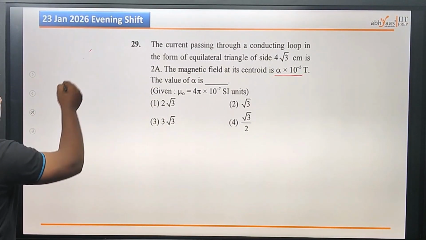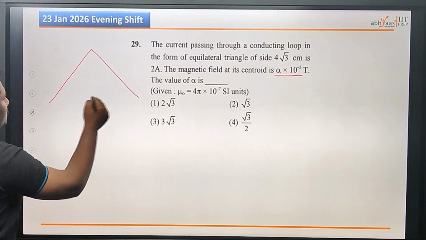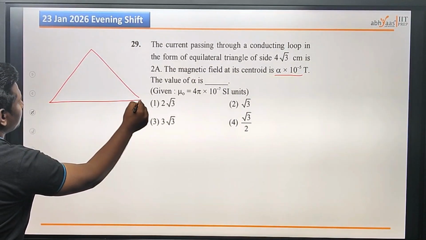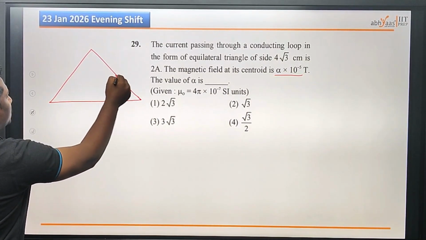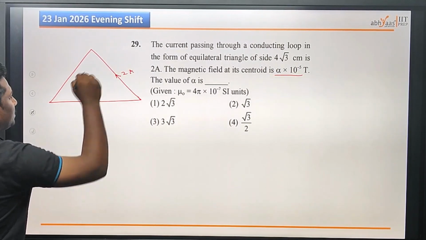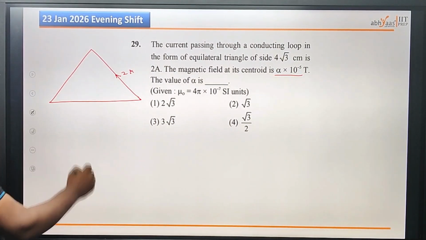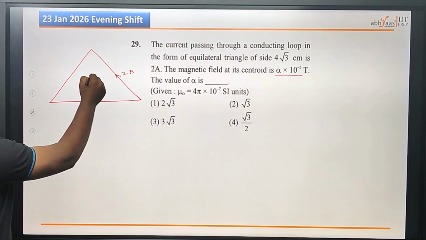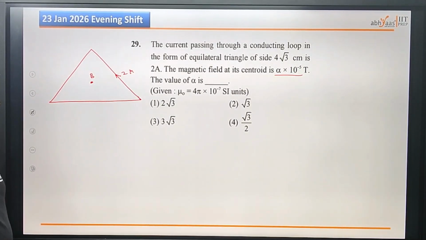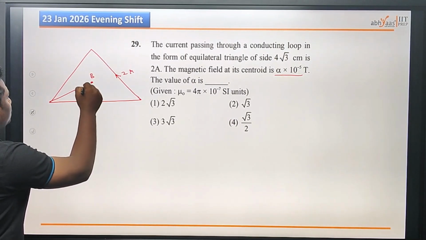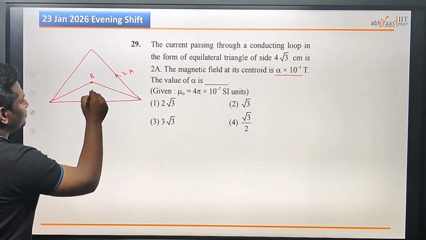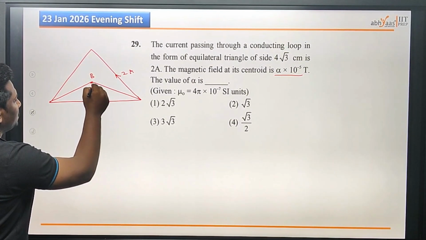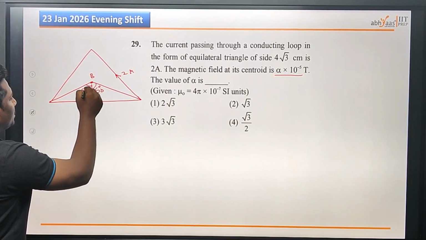Assume this is our triangle, which is passing 2 ampere current. At centroid position, you have to find magnetic field. So take this one. This is 60 degrees. This is also 60 degrees.